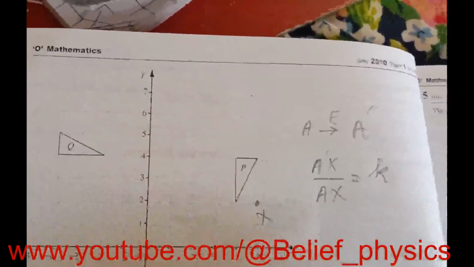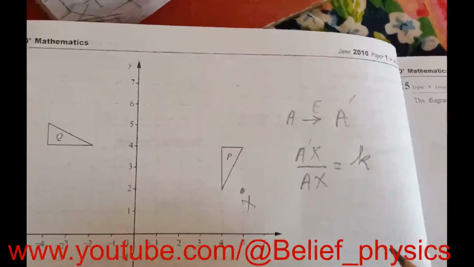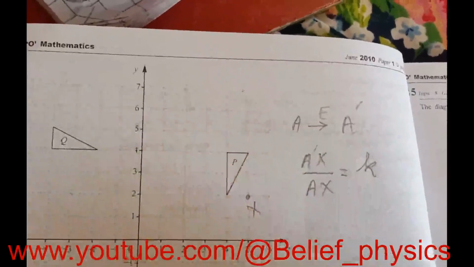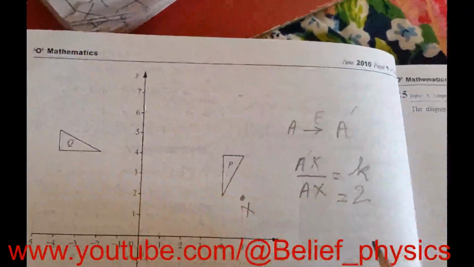Now here the scale factor is 2, so instead of K we will write 2 here.